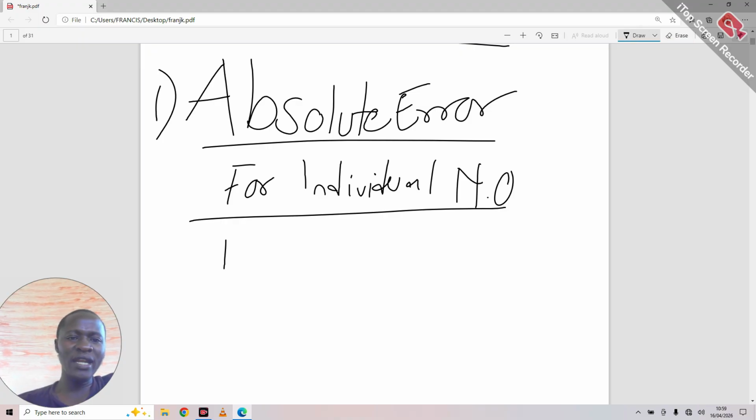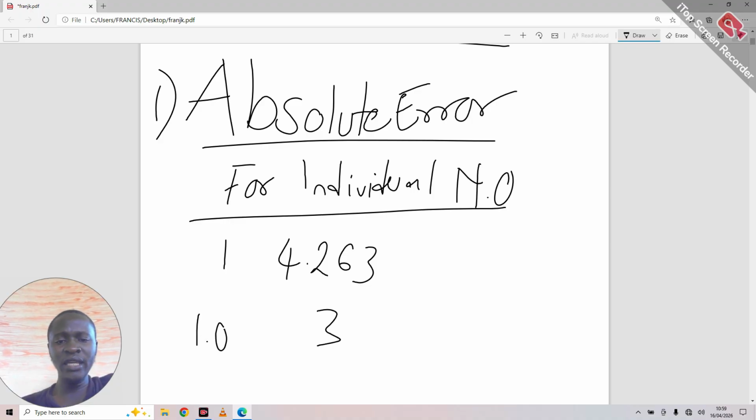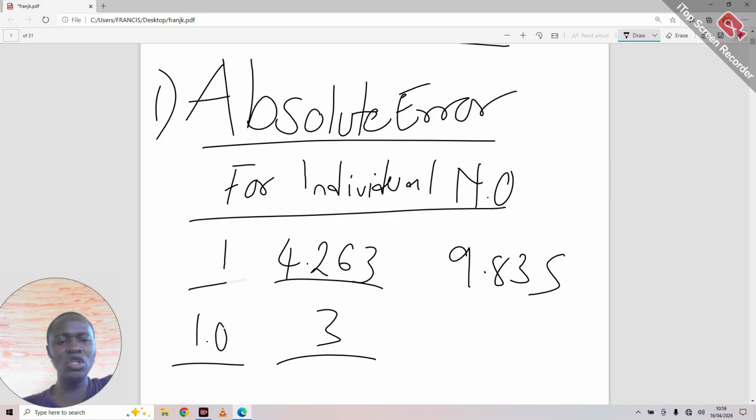For example, 1, 4.263, 1.03, 9.835. These are individual numbers. You can get absolute error in these individual numbers.